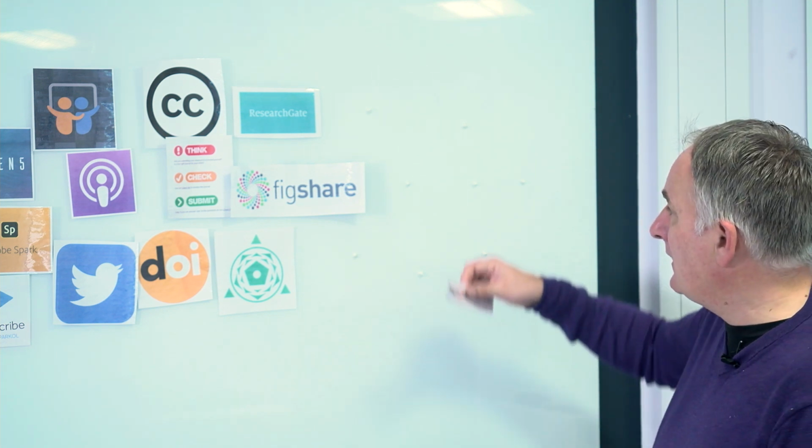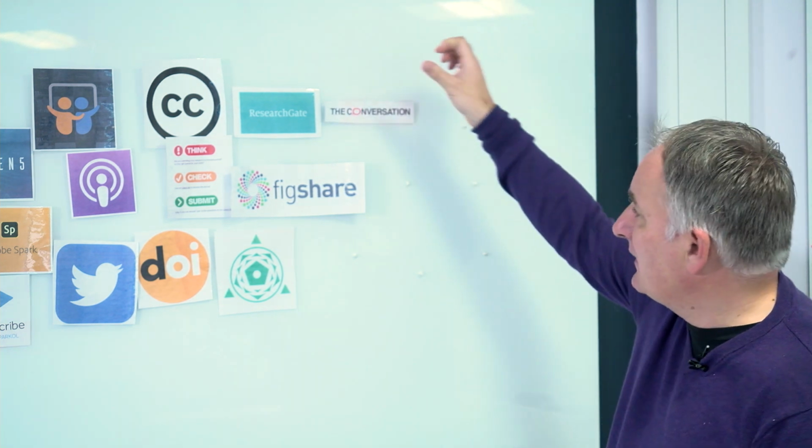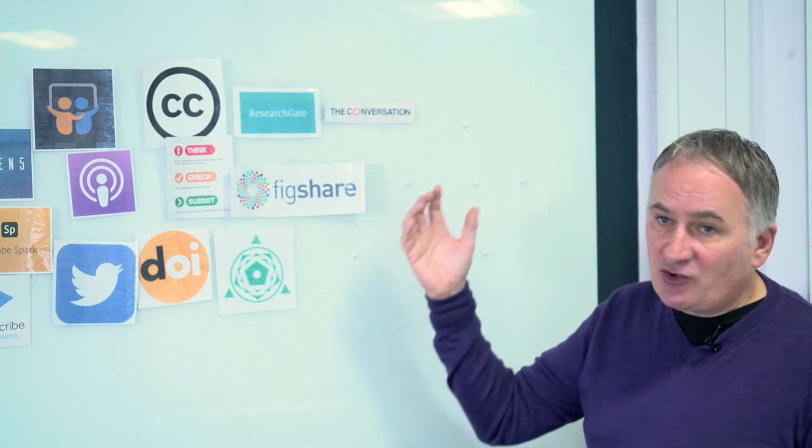Now, as you generate content, you may then start to communicate in other ways. The Conversation is a blog that our university signed up to, and some universities signed up to. Started in Australia, launched in the UK, launched in the US, launched in Africa.